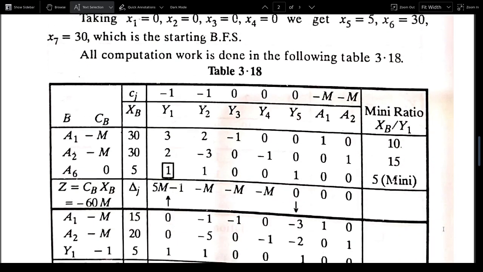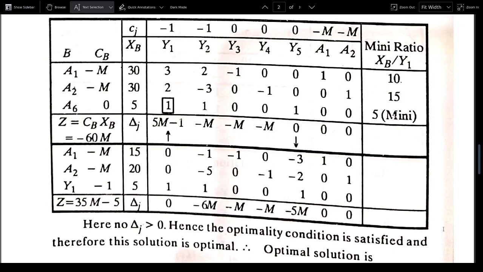You see the table. Here CB is the coefficient of the basic variable, CJ is the coefficient of the objective function, and XB is the current basic feasible solution.